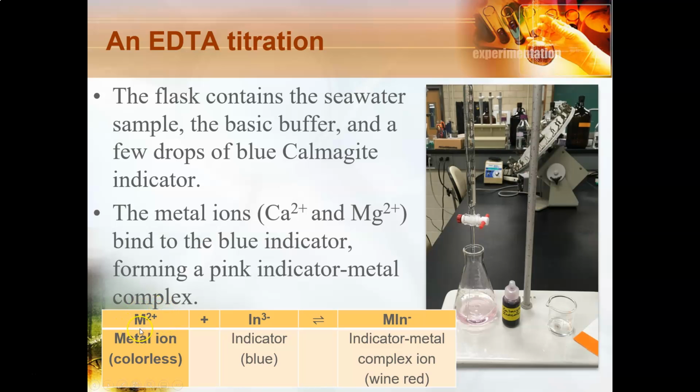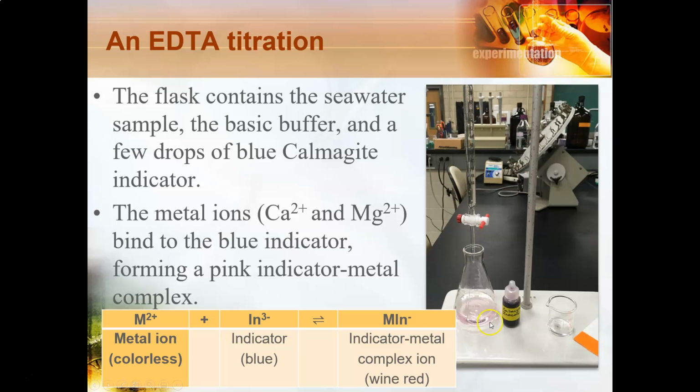So here we just say M2 plus, M for metal. So those are the calcium and the magnesium ions. And when they encounter the indicator, so here the indicator is IN3 minus, that means that all 3 protons dissociated because I added this basic buffer. And then what happens instantly is that the metal ion will form a complex with the indicator. So this is MIN minus, that's the metal with the indicator complex.